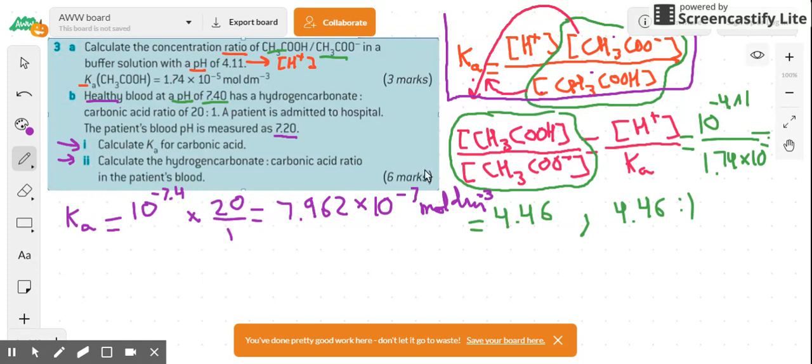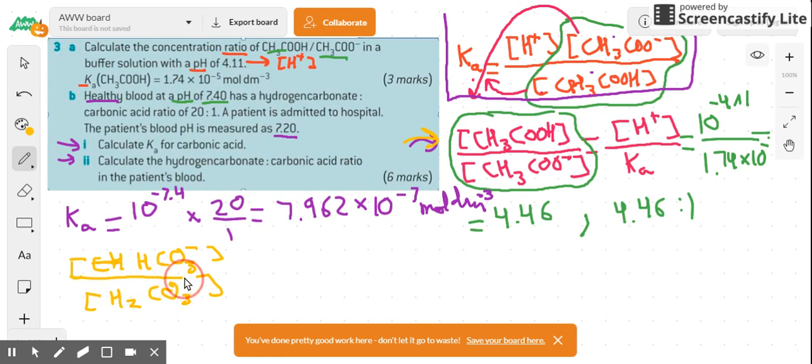So the ratio would be this ratio again, the one that we calculated before. Oh sorry, in this case, we are not using ethanoic acid, we are using hydrogen carbonate, which is HCO3 minus over carbonic acid, which is H2CO3.